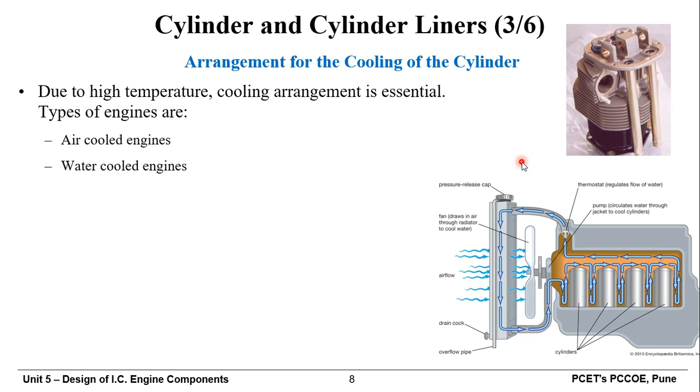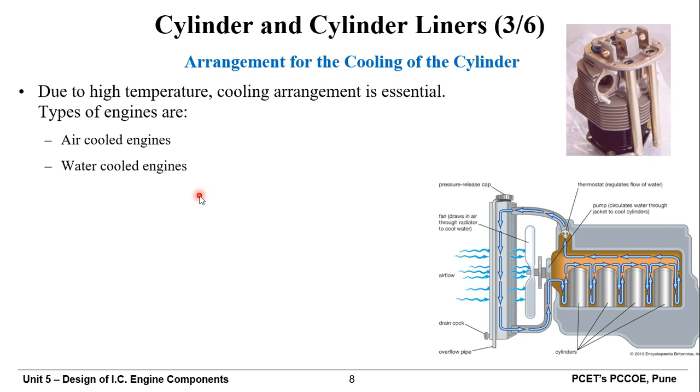Generally, based on the cooling arrangement, engines are classified into two types. One is the air-cooled engine, and generally they are used in light-duty applications, for example motorcycles or two-wheelers. And if the size of the engine is large and there are multi-cylinder engines, then we generally go for a water-cooled engine, where either water is used for cooling, or nowadays coolants are also available.